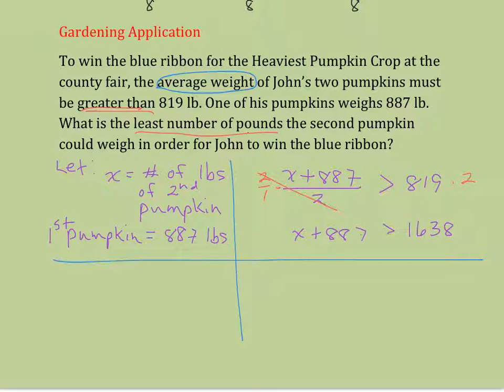Then to solve for x, I'm going to subtract 887 from both sides, and I get x is greater than 751. Is that right? Let me double check. Yep, 751.